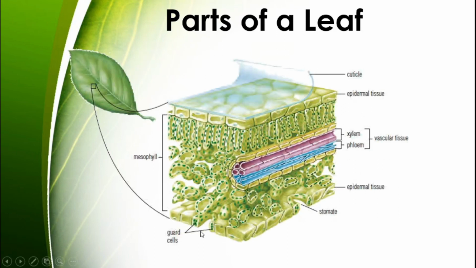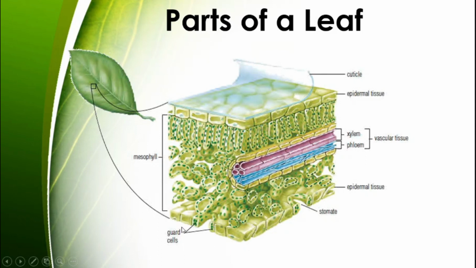Here's another one. There are more stomata on the lower epidermis because the upper epidermis, remember, has a cuticle on top of it. The cuticle will prevent the entrance of carbon dioxide because it is a waxy layer.